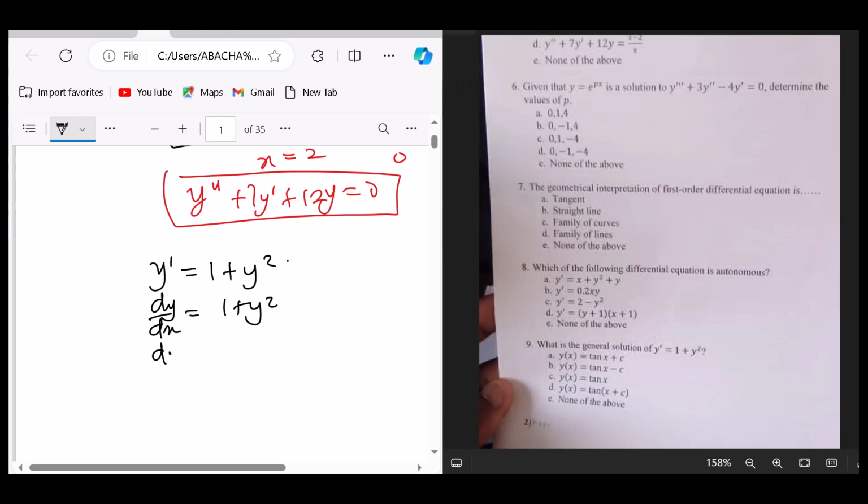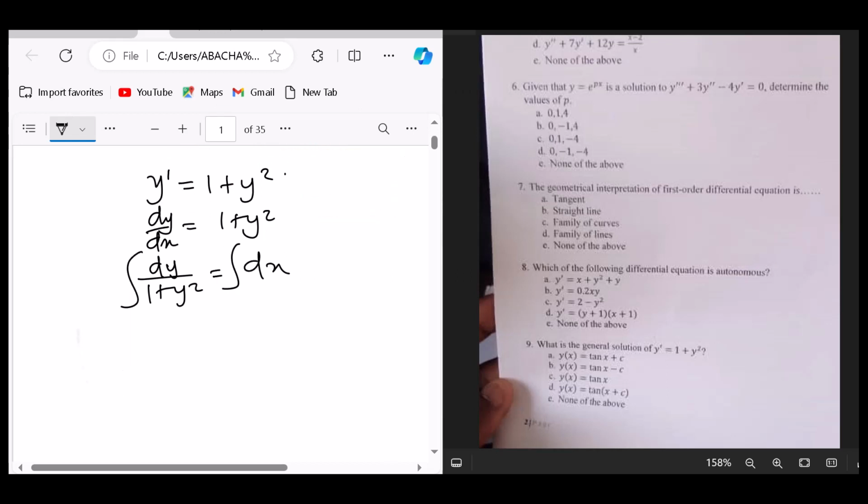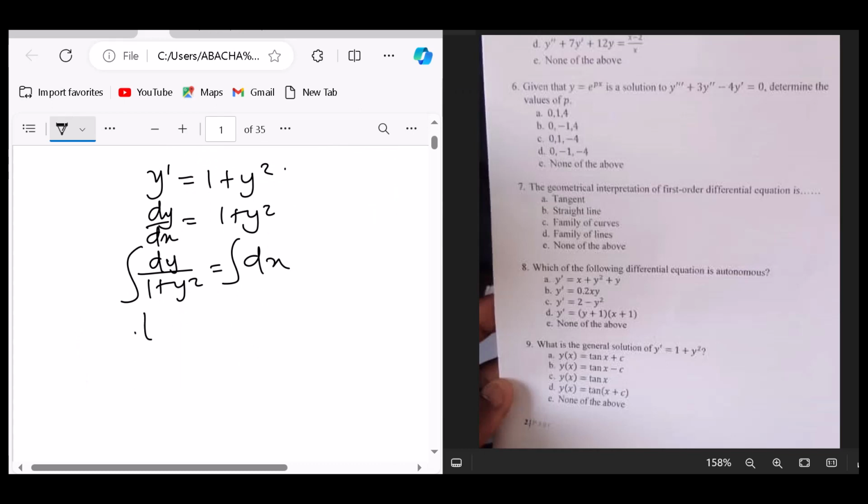You can write dy over 1 plus y squared equals dx. And solving this, we have tan inverse of y equals x plus c, like this.